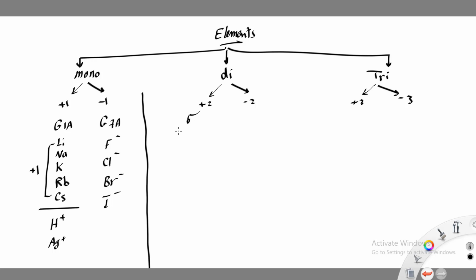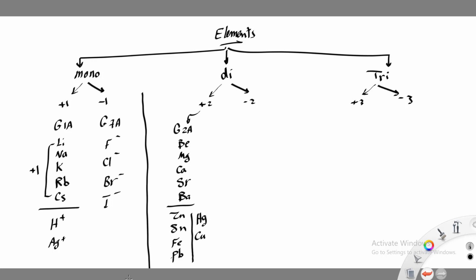Divalent: we find group 2A: beryllium, magnesium, calcium, strontium, and barium. Add to them transition elements like zinc, tin, lead, iron, mercury, copper.